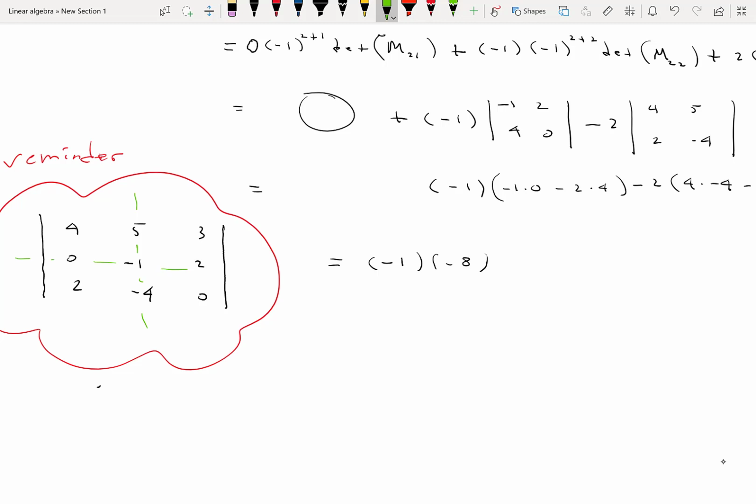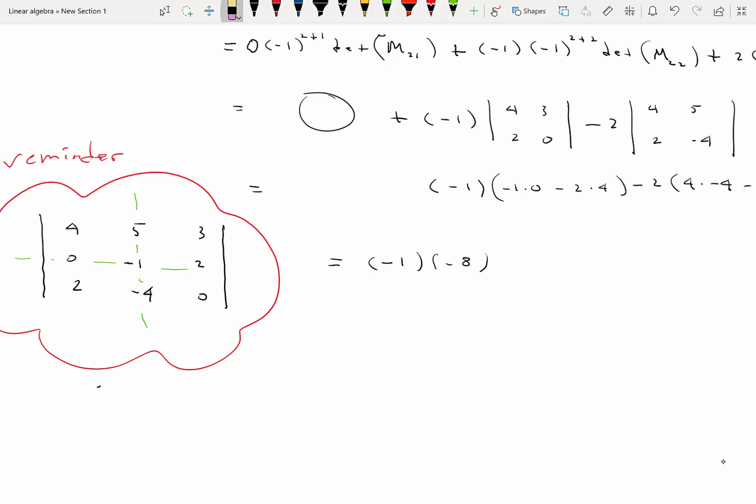I don't know why I had -1, 2, or 0. That is so bizarre. Okay, so I'll fix this up. The 2,2 minor should be 4, 3, 2, 0, and I think the last one is okay.